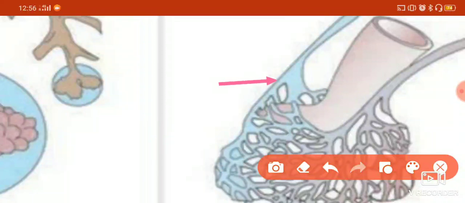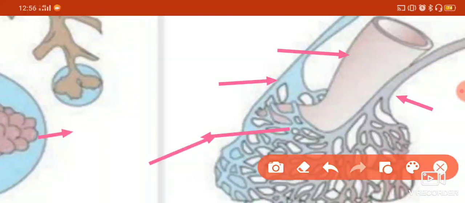This is the pulmonary artery, this is the pulmonary vein, and these are the capillaries. They have a highly elastic wall made up of a single layer of squamous epithelium, which is resting on a basement membrane.